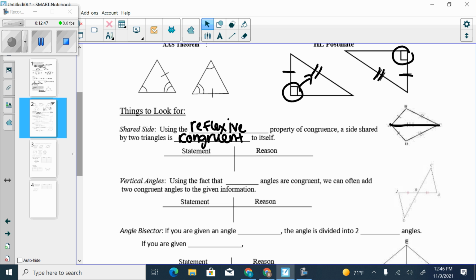So in a proof, something that I might say, if I wanted to use this as a congruent side, is that AC is congruent to AC, and the reason that I would give would be this property, the reflexive property.